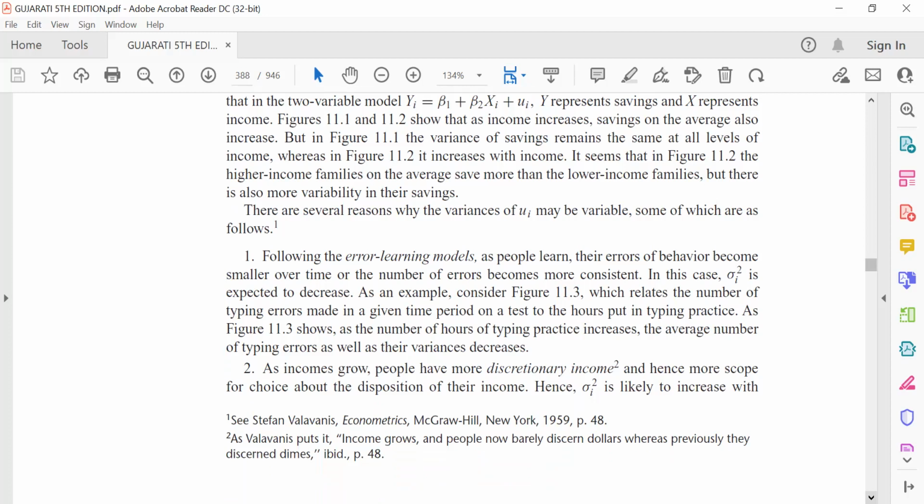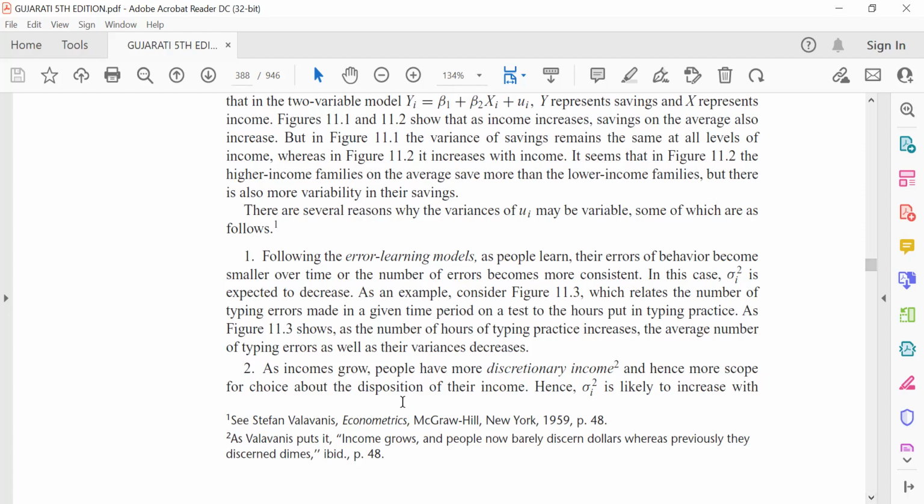Or for example, we are learning how to drive a car. In the beginning, we have some accidents, but as we continue learning, the accidents become smaller and smaller. This is the error learning model.